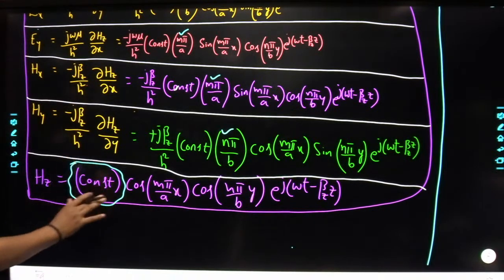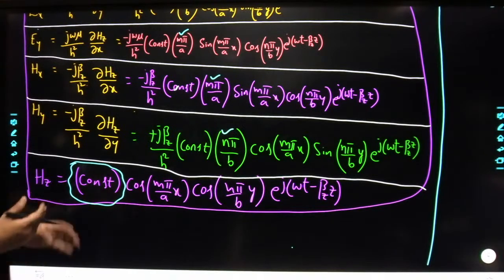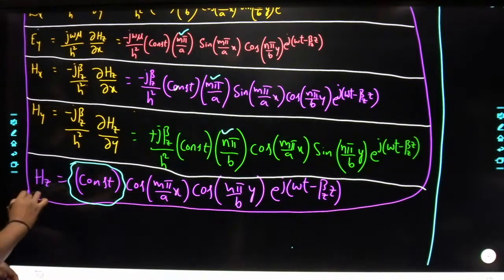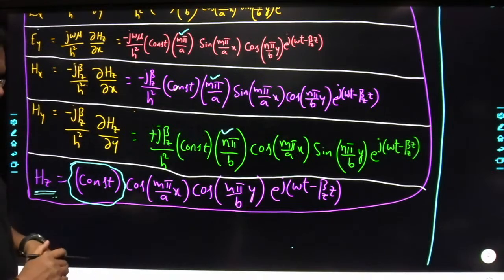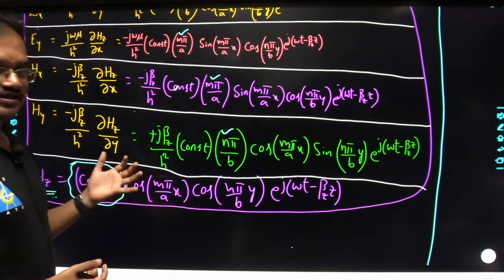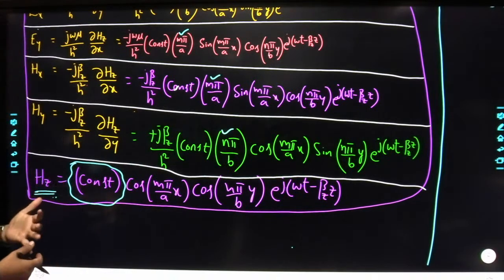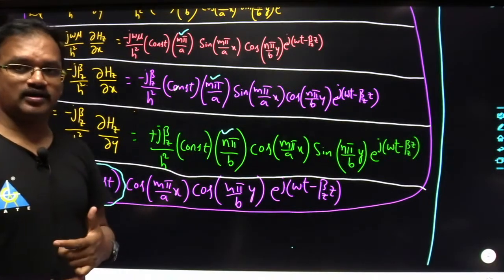Because mathematically it has to satisfy: if you put m equal to 0 and n equal to 0, this Hz must also become equivalent to 0. Or theoretically also we can easily guess that Hz cannot exist, because only a magnetic field component is not at all possible in case of an electromagnetic wave.